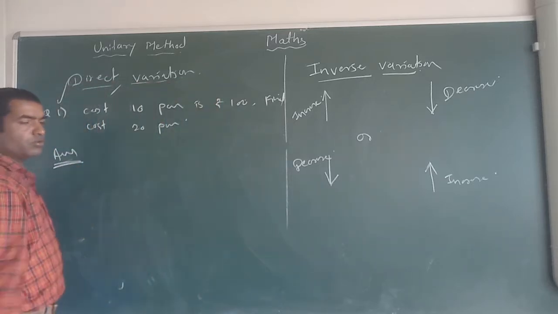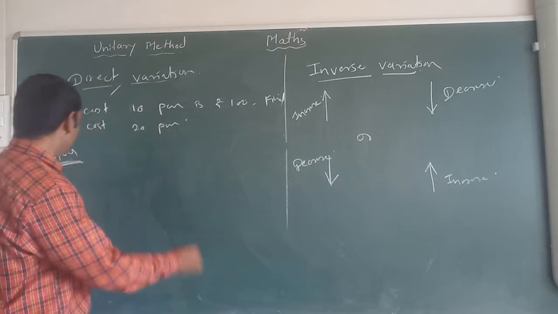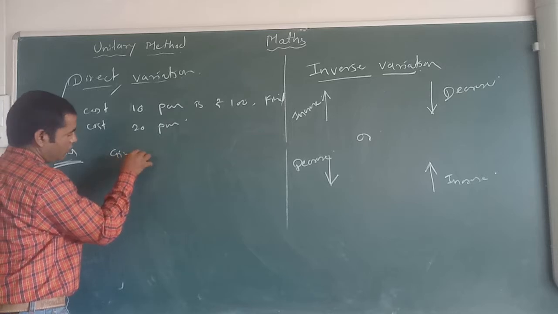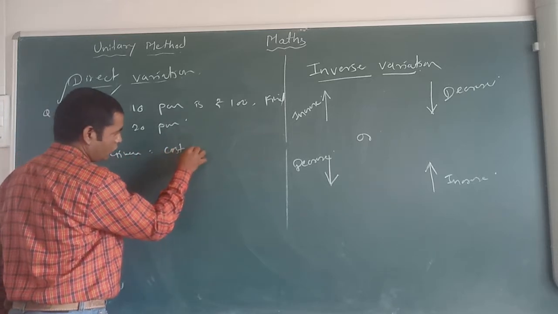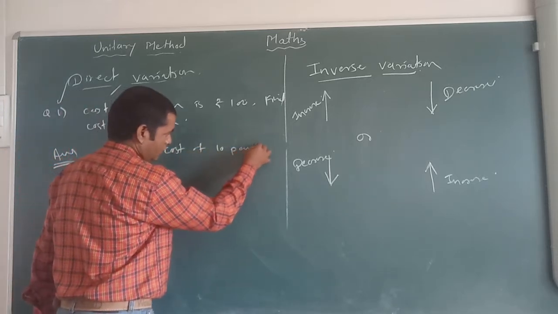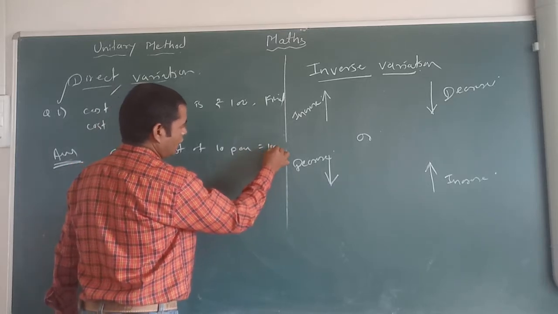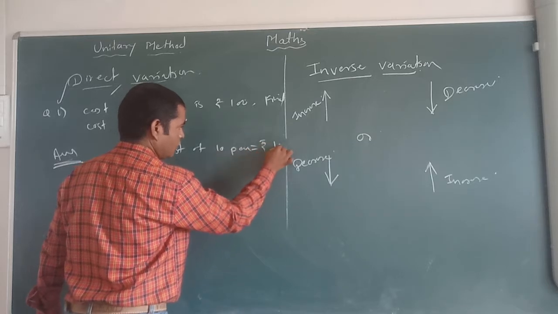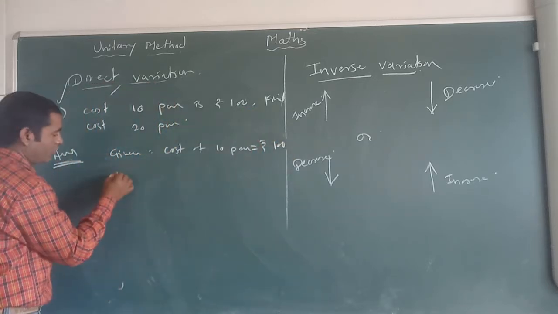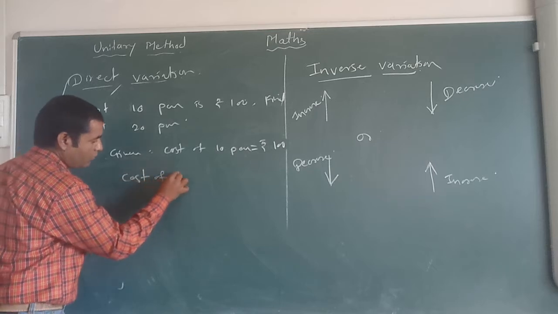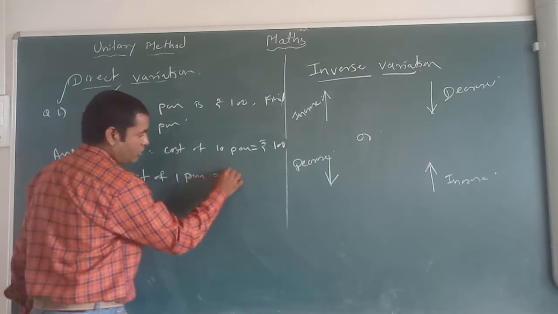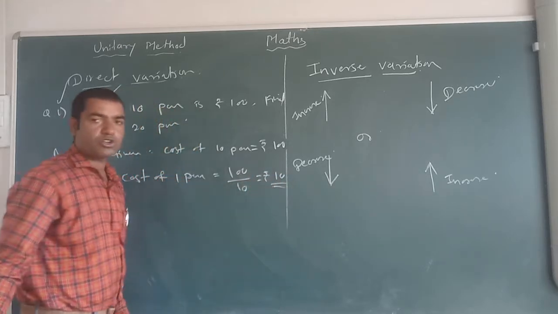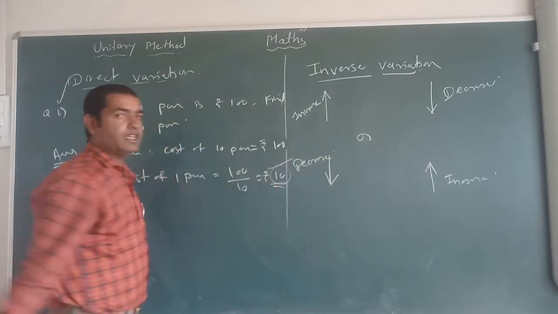There are many methods to write the answer. Given: cost of 10 pens is rupees 100. Then we find the cost of one pen: 100 divided by 10 is rupees 10. So the cost of one pen is 10 rupees.